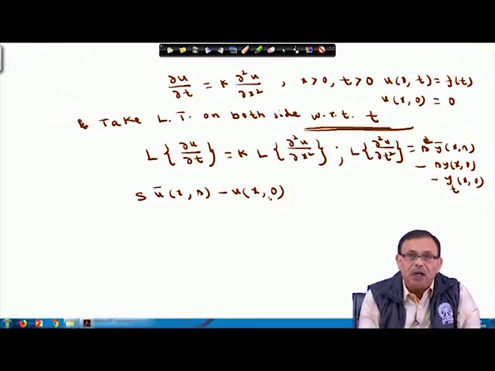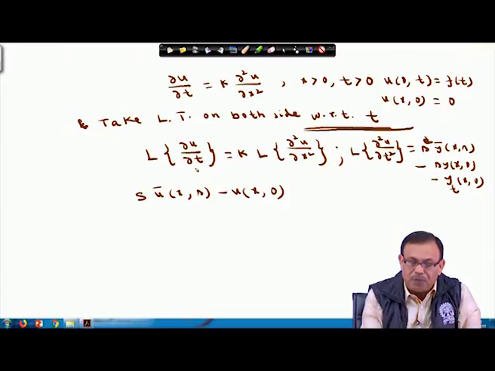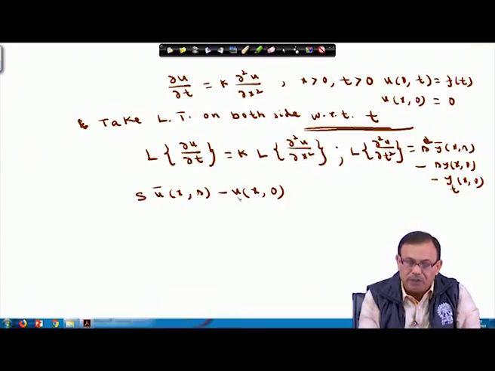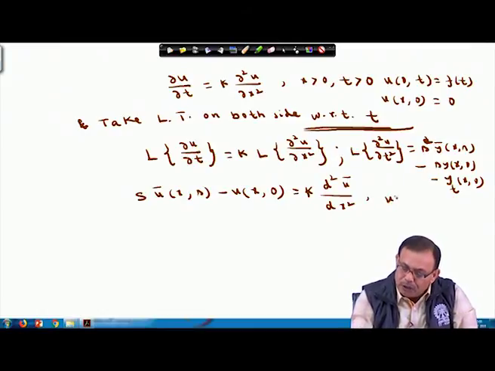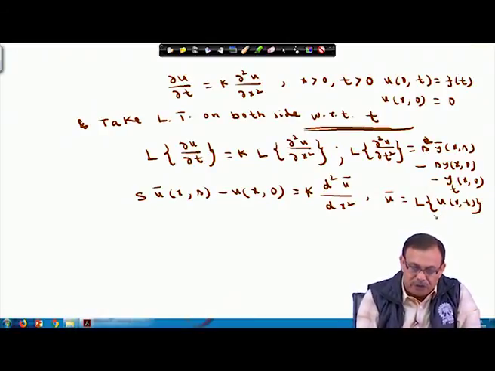Because you are taking the Laplace transform with respect to t, the Laplace transform of ∂u/∂t will be s ū(x,s) minus u(x,0), and on the right side the Laplace transform of ∂²u/∂x² is simply d²ū/dx², where ū is nothing but the Laplace transform of u(x,t).